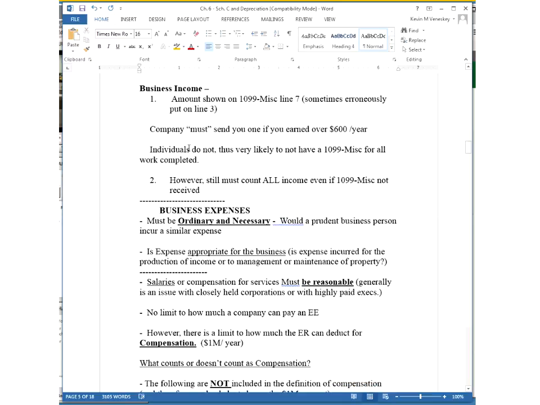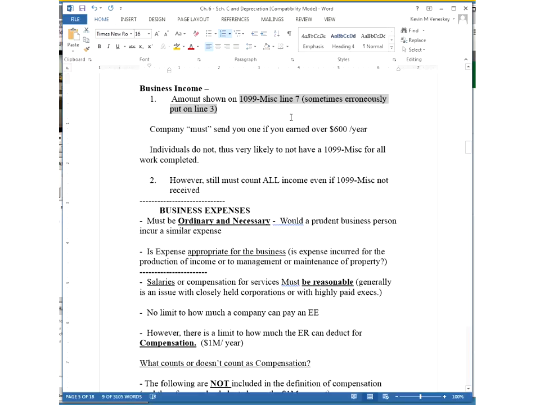Okay, so when you get income from your business, what are you supposed to report? Well, of course you're going to report anything that shows up on any Form 1099 miscellaneous that you receive. And that's usually going to go in box 7 where it says non-employee income, because they're not considering you an employee.